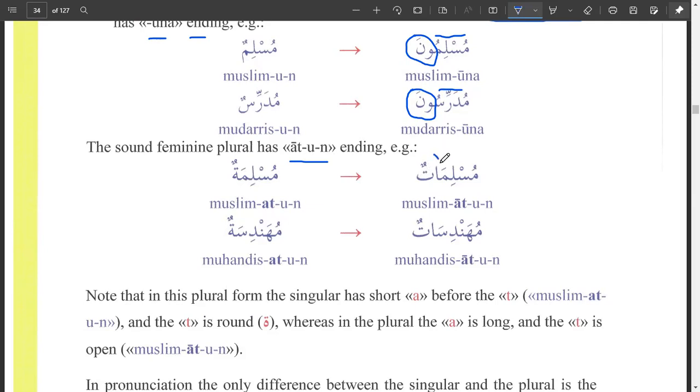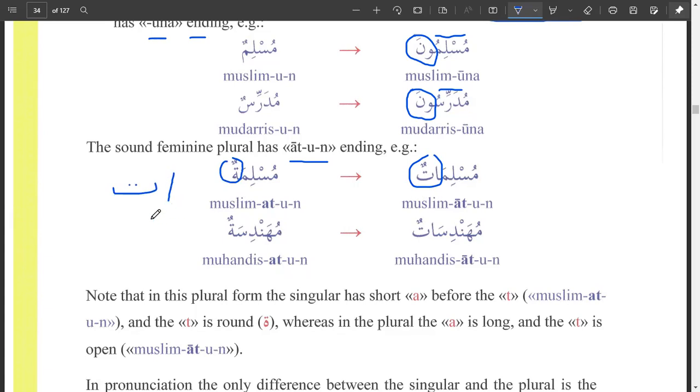We will make it long, we will give it a double sound. There is an alif, so we pronounce the alif and give it a double sound. Muslimatun. And this round ta, this ta marbuta, changes into an open ta.